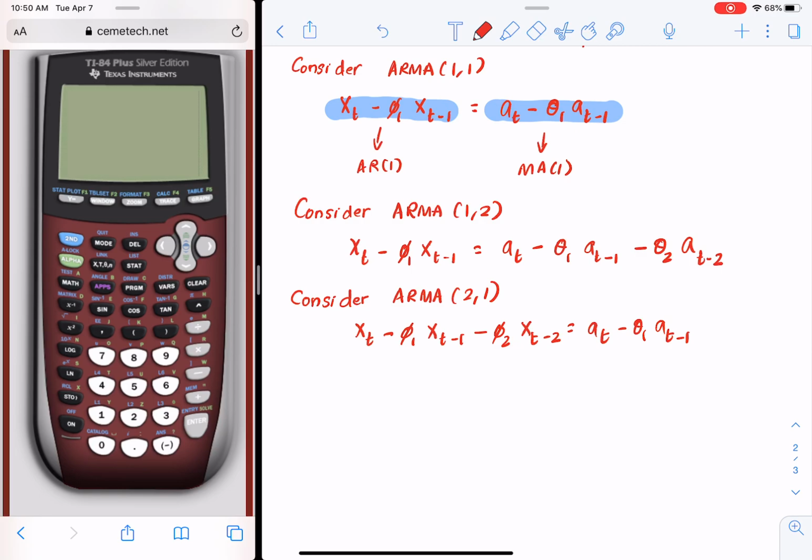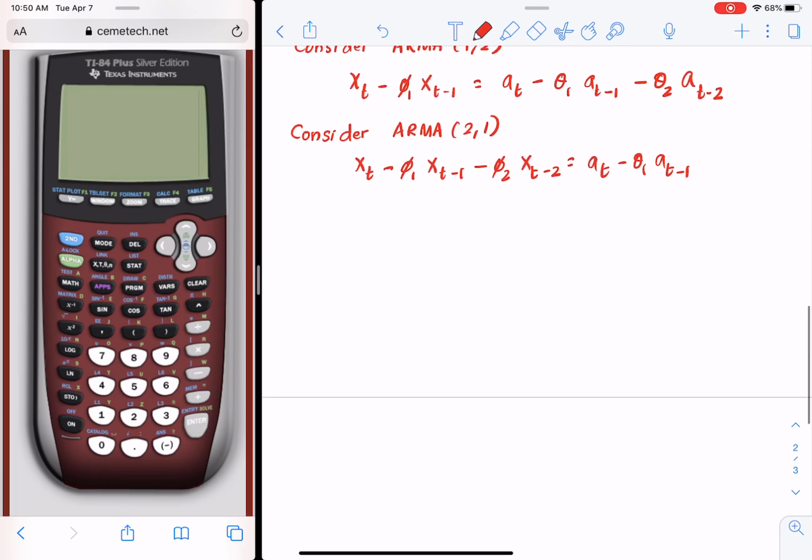And keep in mind the principle of parsimony. So if I can get a good model with fewer parameters, we want to go for that model. There is no need to go for a higher order AR part and a higher order MA part in order to fit the series.